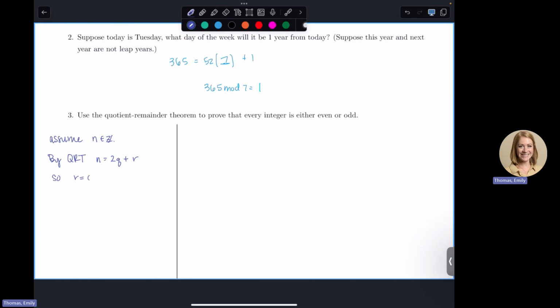So r is equal to 0 or r is equal to 1. Do you see what's going to happen? If r is 0, n is even, and if r is 1, n is odd. That's the proof.